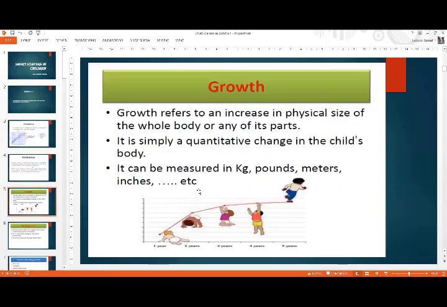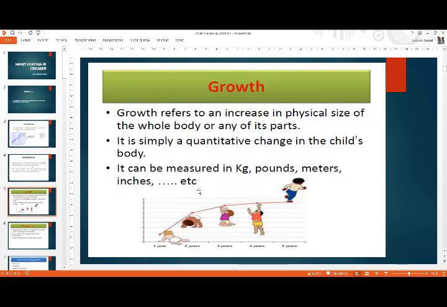A few important definitions before I go on to describe and explain. There are two important definitions: growth and development. What is growth? It refers to an increase in physical size of the whole body or any of its parts. It is a quantitative change in a child's body and can be measured in kilograms, pounds, meters, or inches.